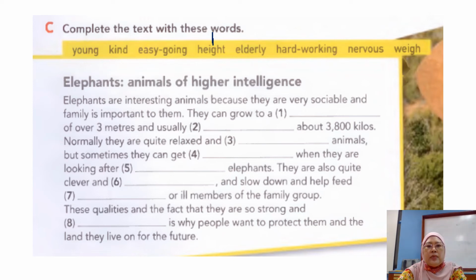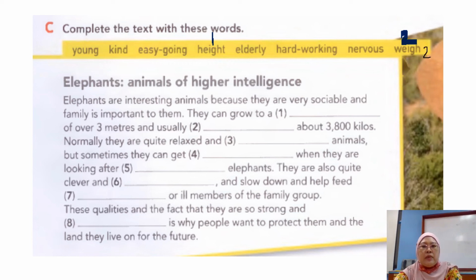They can grow to a height of over 3 meters and usually weigh about 3,800 kilos. So this is number 2, weigh about 3,800 kilos or kilogram.